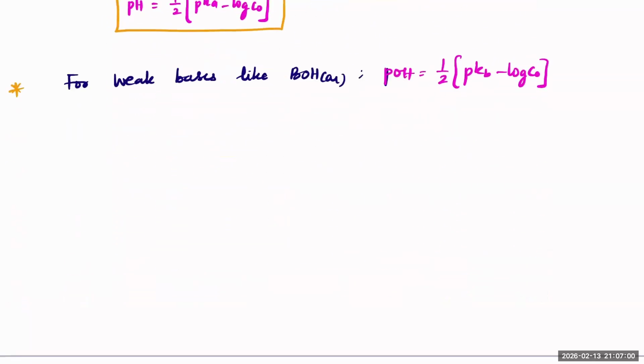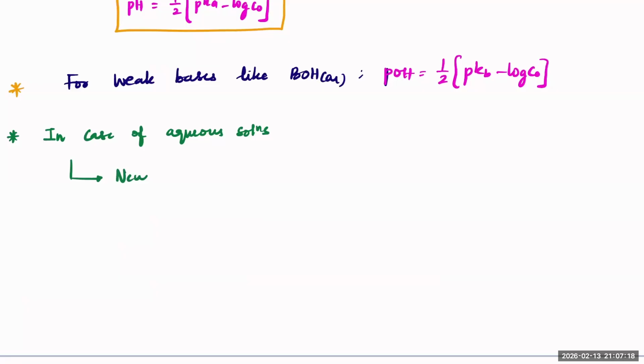Second, if you have only aqueous solutions, there are a few important tips we must know. In case of aqueous solutions, there are three types of solutions here.